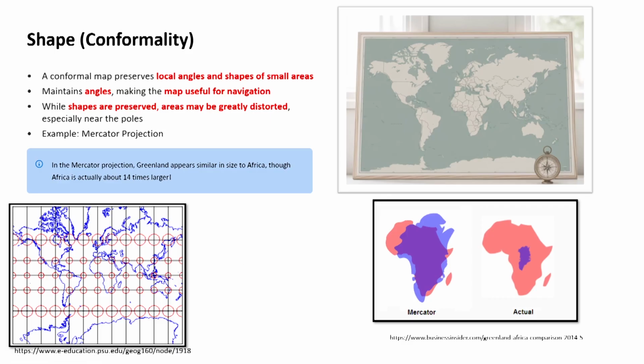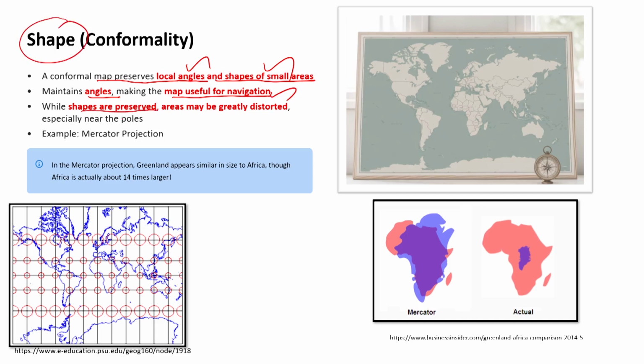Let us begin with shape and conformality. Look at the definition, it is very simple. The map preserves local area and shapes of small areas, and it maintains angles, making the map useful for navigation. The third point: shapes are preserved. See, the title itself, shapes.